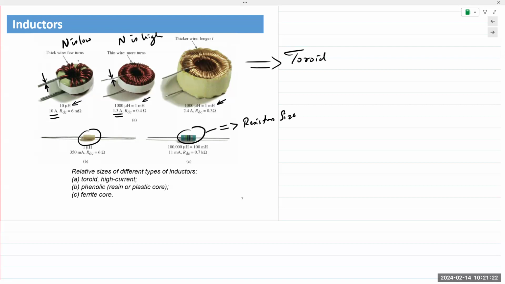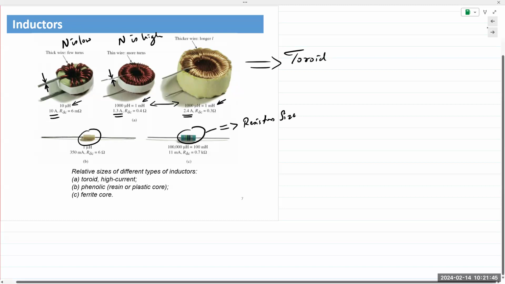So even though it seems big, the inductance value is not that much different from the previous one. It's actually exactly the same, except the current carrying capability is a little higher. So just real life examples based on the physical construction of the inductor.